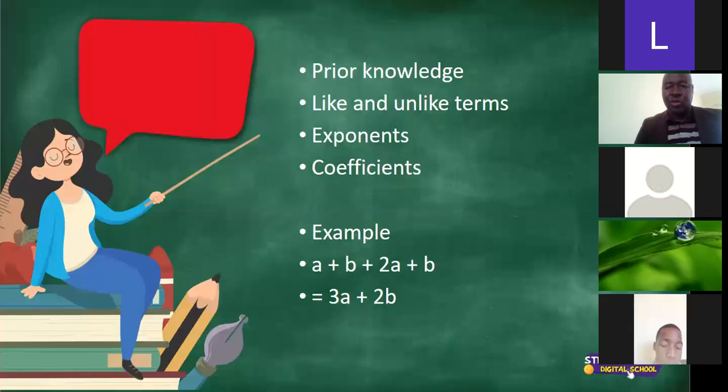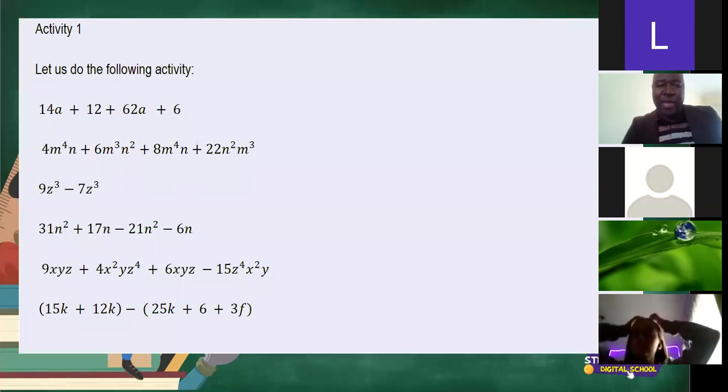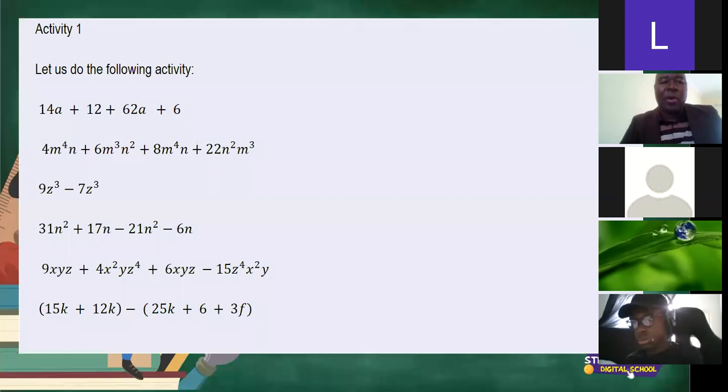So those are some of the like terms that we are working with as an example. I'm not going to waste time. Let me zoom directly into the next activity. I've got quite a number of different activities there, but I want us to focus on the first one: 14A plus 12 plus 62A plus 6.